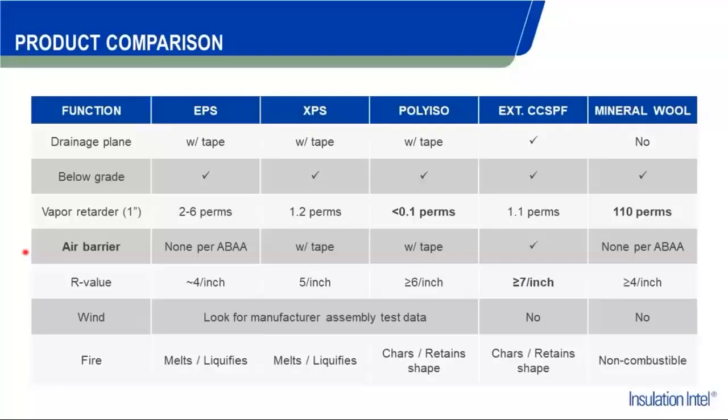Polyisos and some of the materials here with the plastic base will char, but will retain their shape. Mineral wool actually acts as the best fire resistant material in the market for continuous installations. Basically, it is a non-combustible made of volcanic rock.